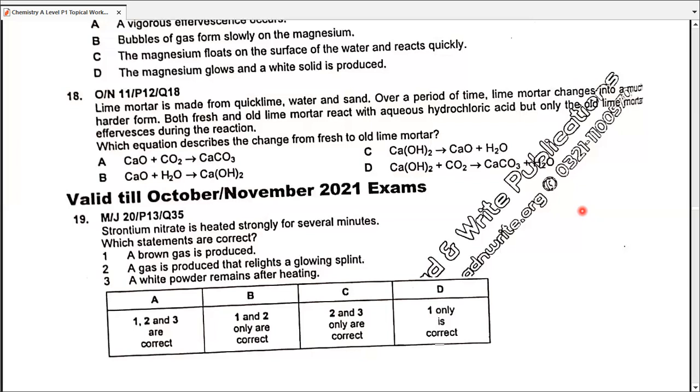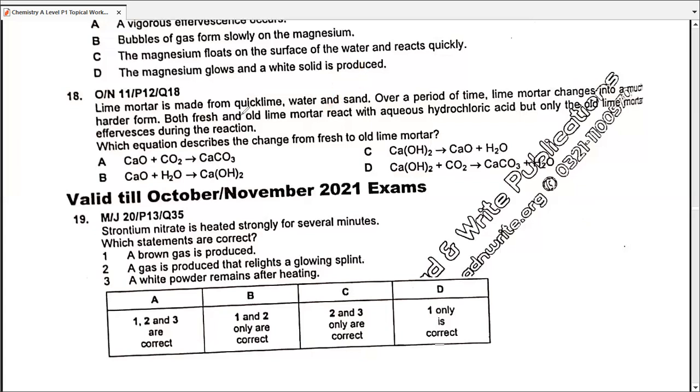So the D answer is right. CaCO3 produces carbon dioxide and effervescence. CaO's choice does not produce a gas, so no effervescence. Make sense? You were right with D. D actually completes everything that is given in the statement.